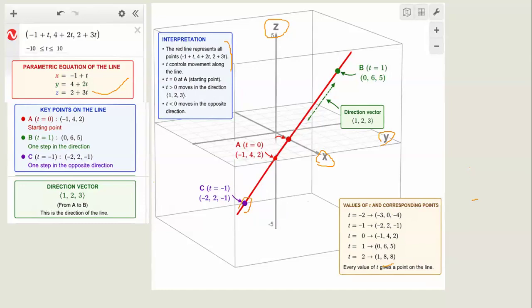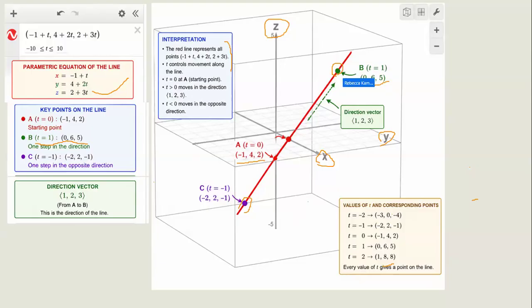If t is equal to 0, that is our starting point, which remains as (-1, 4, 2). If t is more than 0, it moves in the direction of the vector (1, 2, 3). In this case, we use t equal to 1, so the point is going to be (0, 6, 5). And that is where our point is here.